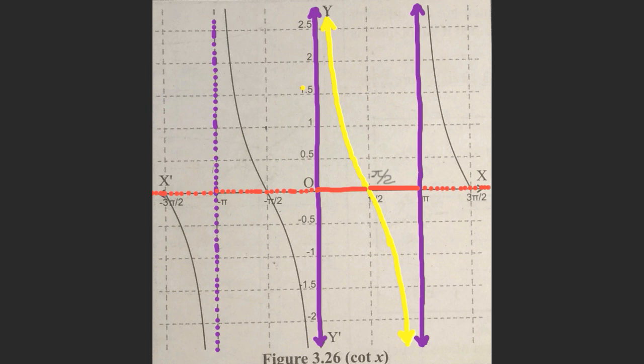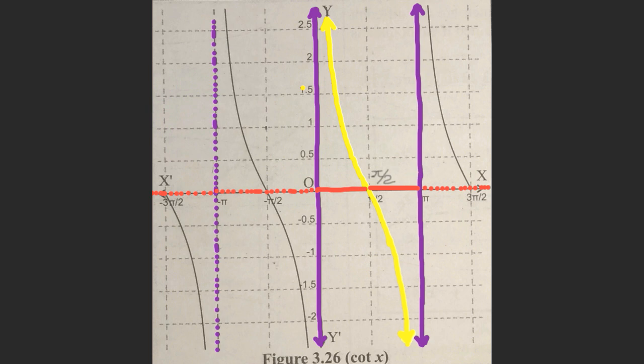If we observe the graph of cotangent function carefully, then we will find that the portion of the graph of cotangent function in the interval 0 to pi gets repeated in the intervals pi to 2 pi, 2 pi to 3 pi, etc. to the right of y-axis.